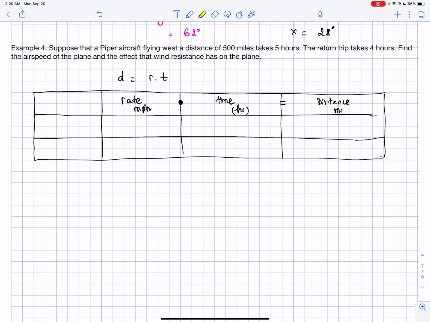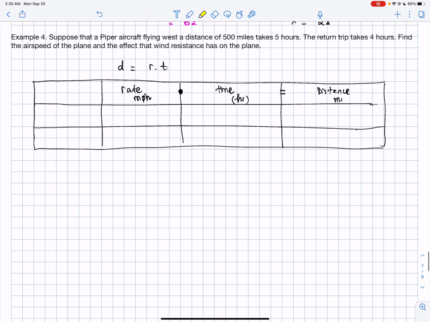The problem says that the flight goes west, so it is one direction, and they said return, which means going east. When the flight goes west a distance of 500 miles, that is the distance, and 5 hours is the time.